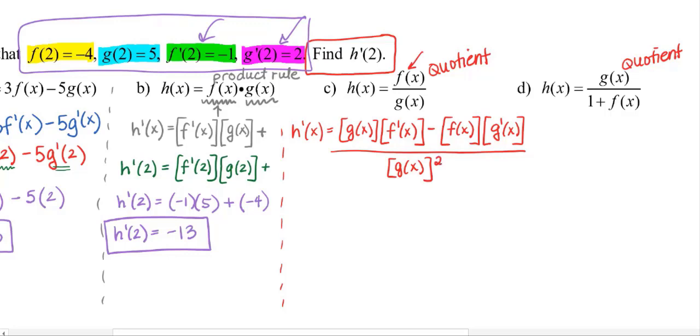Notice not one time have I said the u's and the v's, right? Most of us will learn the quotient rule is low, d high, minus high, d low, all over low squared.